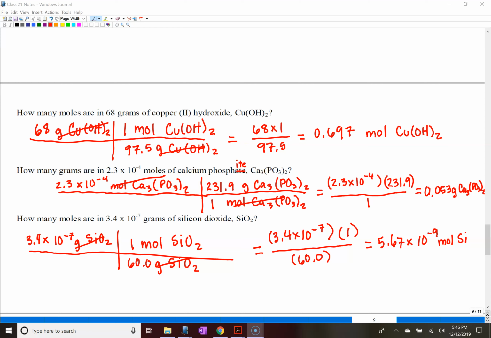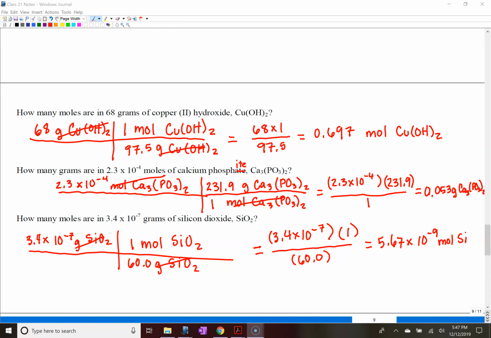How many moles are in 3.4 times 10 to the negative 7 grams of silicon dioxide? I would put the 3.4 times 10 to the negative 7 grams of silicon dioxide in the upper left box, carry grams of silicon dioxide over to the bottom right box, and put moles of silicon dioxide in the upper right box.